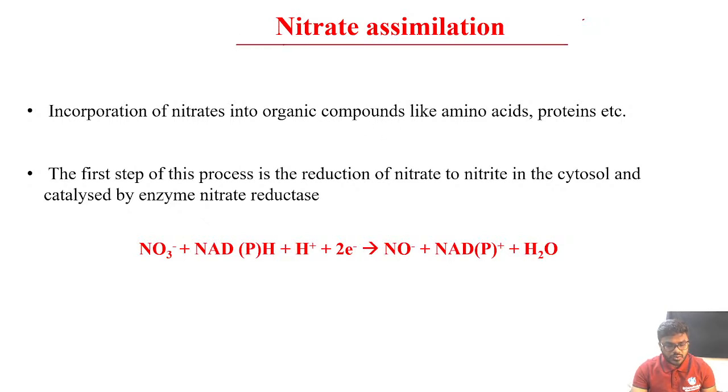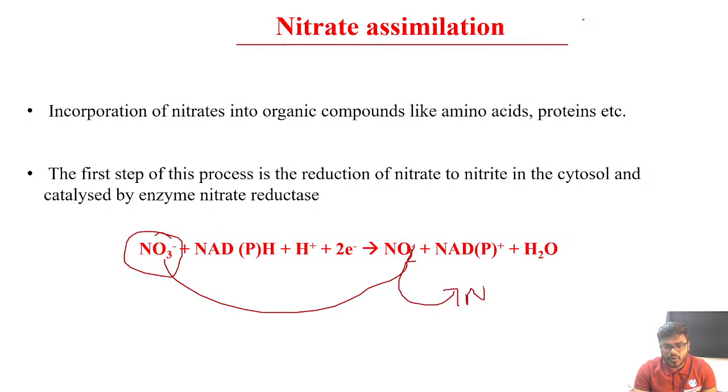See, what you have to understand by the word nitrate assimilation, where we are converting NO3 to NO2. Later, NO2 we will convert into NH4 plus. Later, finally, we will convert it into amino acid. These are all the various steps in the assimilation.